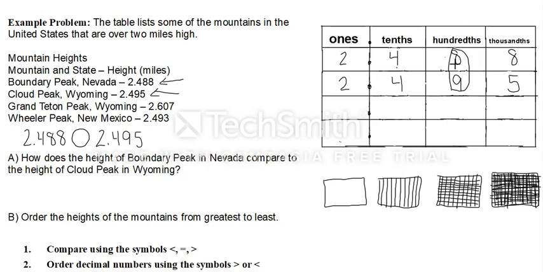We see in the hundredths place that there is an 8 and there is a 9. That means there are 8 of these hundredth pieces and there are 9 of these hundredth pieces. So we know if we're comparing these two numbers that the 8 is less than because you only have 8 of the 100 pieces, and 9 is greater than because you have 9 of the 100th pieces.